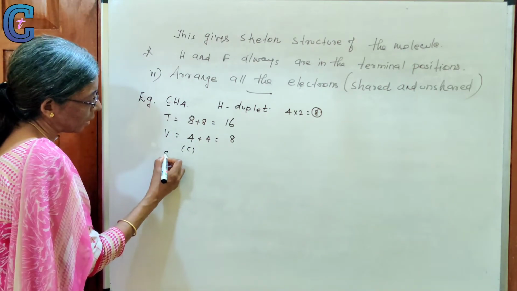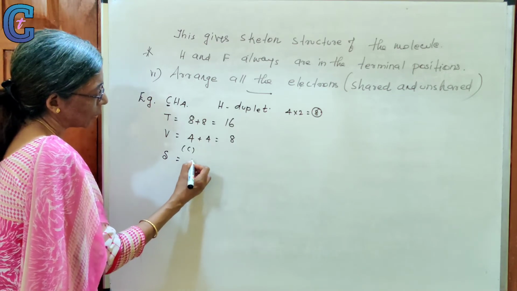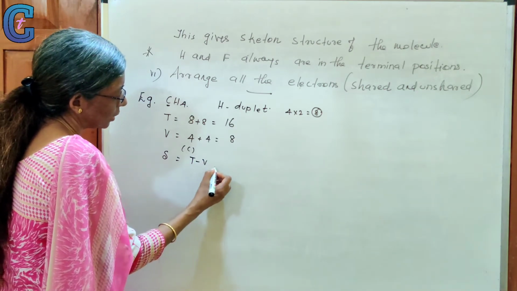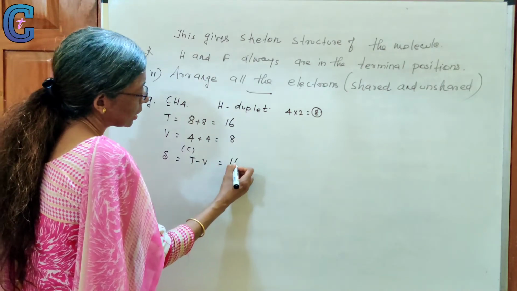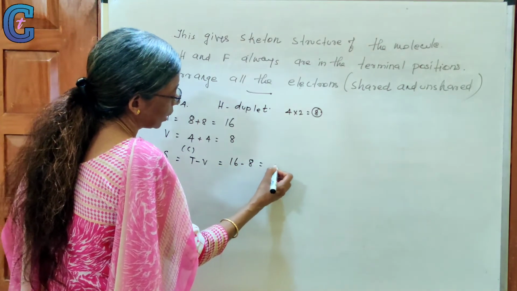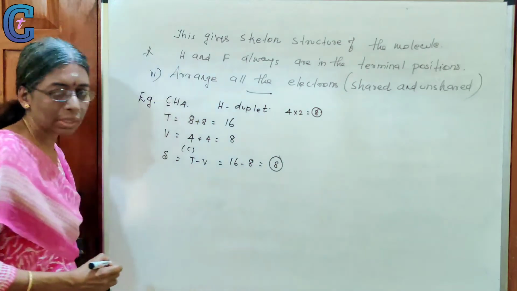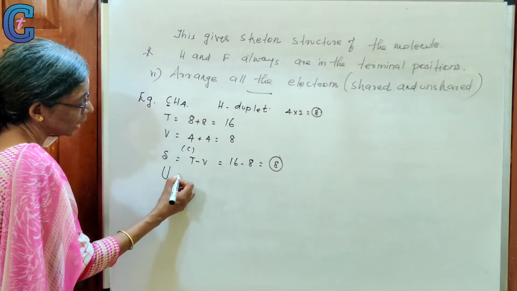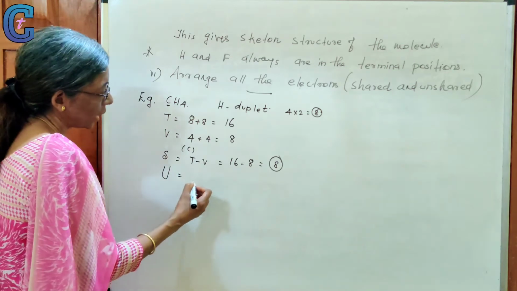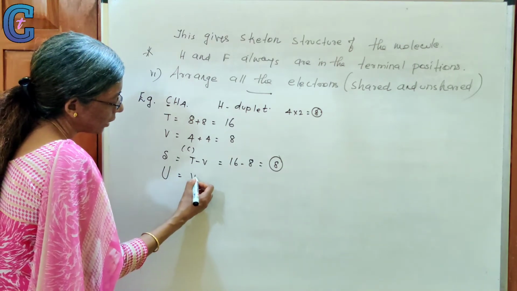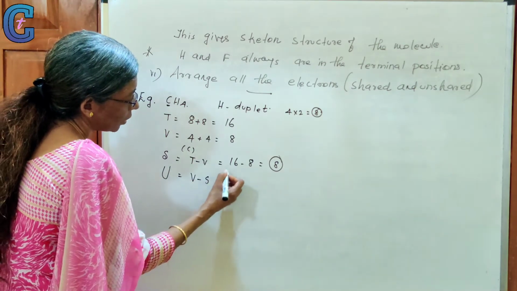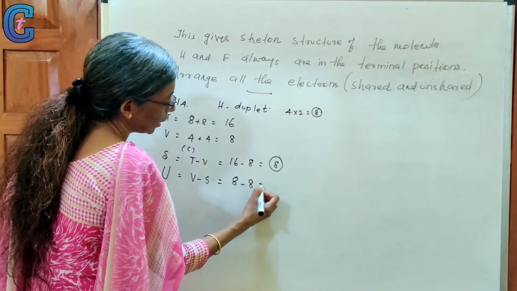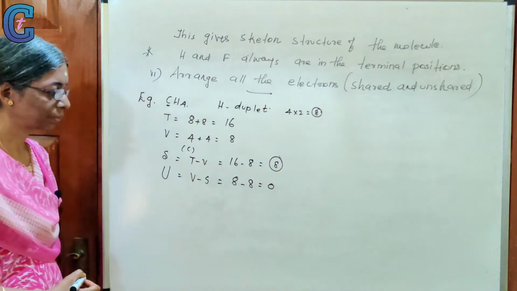Then shared electrons, S is T minus V, that is 16 minus 8 is equal to 8. Then U, unshared electrons, is V minus S, 8 minus 8 is equal to 0.